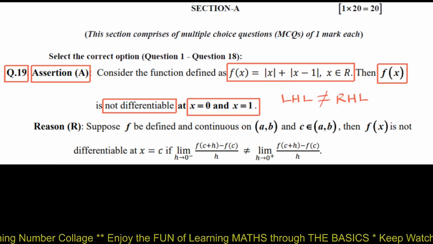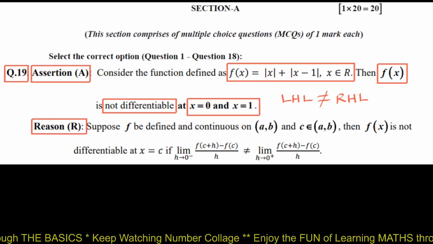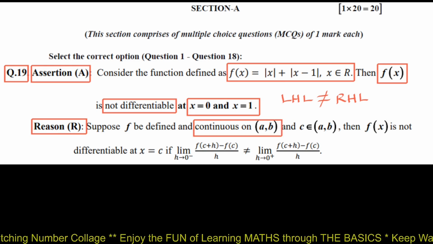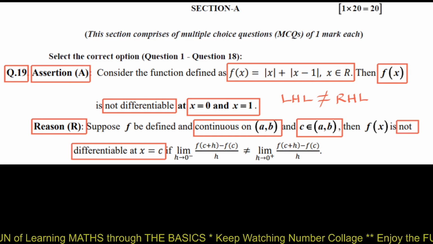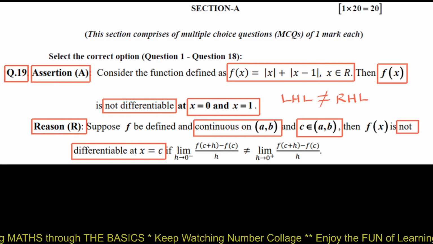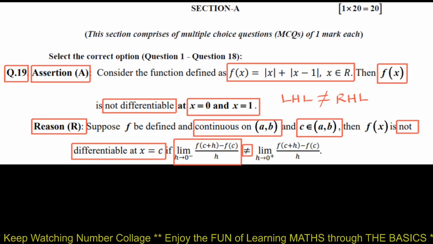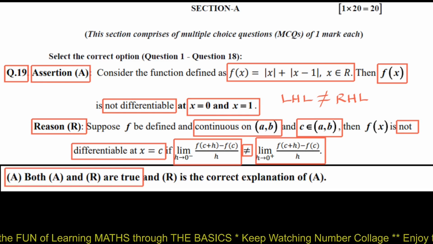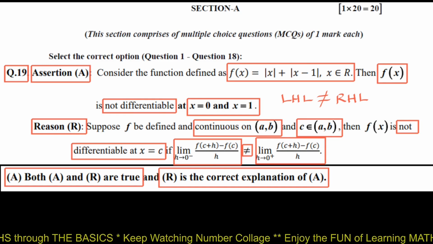And in reason R, the same thing is given to support assertion A: a function defined and continuous on the open interval (a, b) is not differentiable at x equals c, such as x equals 0 and x equals 1, if the left hand limit is not equal to the right hand limit. Hence, the correct answer is option A. Both A and R are true and R is the correct explanation of A.